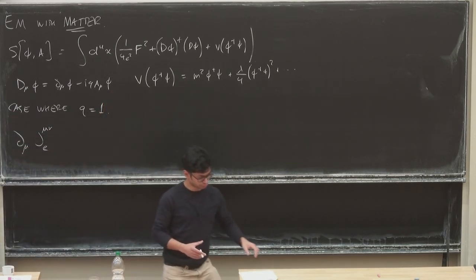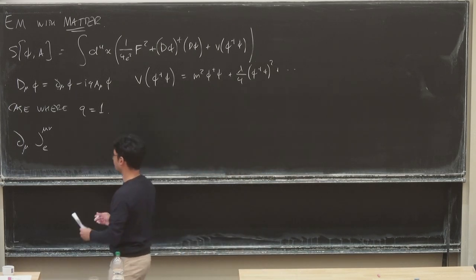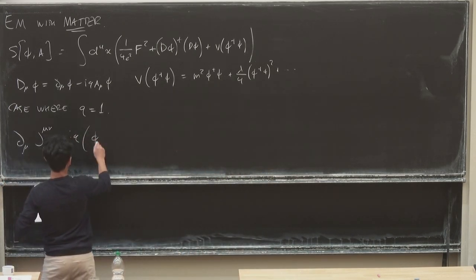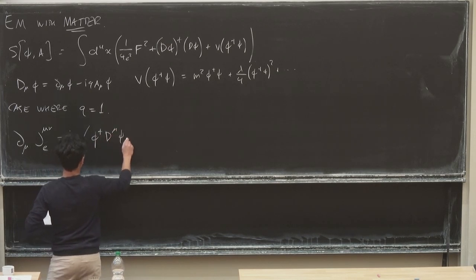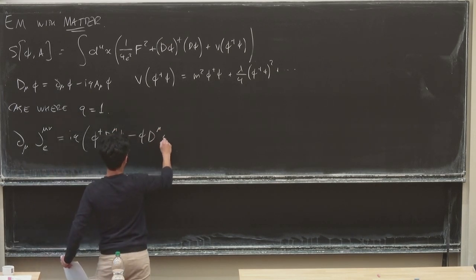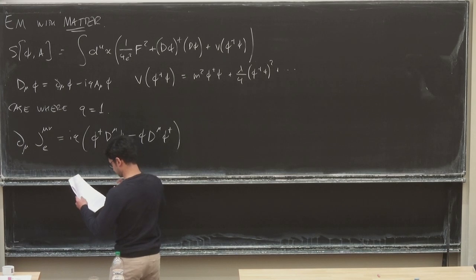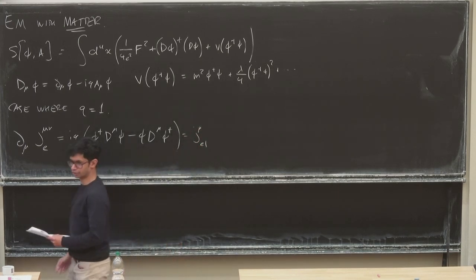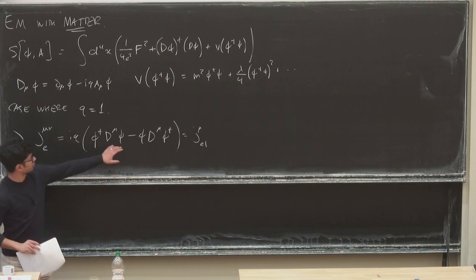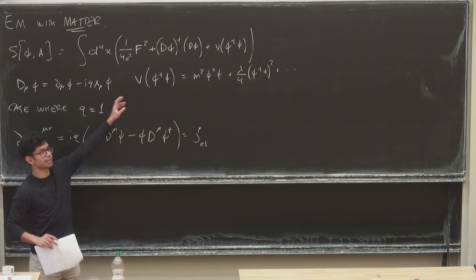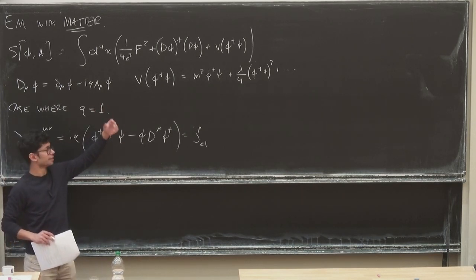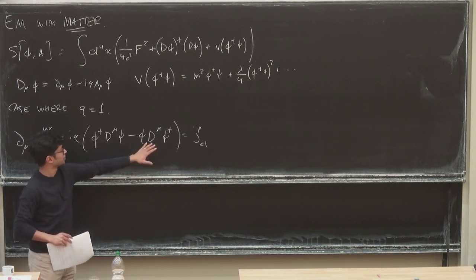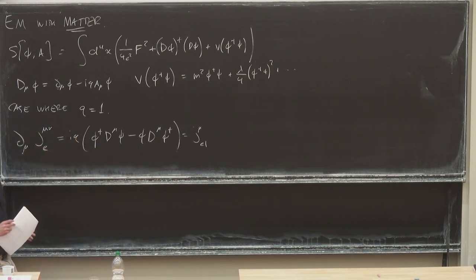If you work out the equations of motion, what you find is that this is just iq times (φ†∂^μφ - φ∂^μφ†), which I'm going to call J^μ electric. So this is just the current coming from the scalar field. This is a gauged current that is coupled to a gauge field, so it appears as the right-hand side of this equation right here.